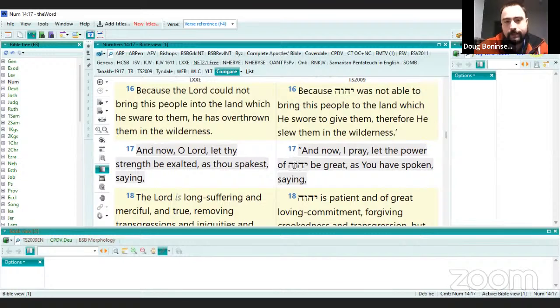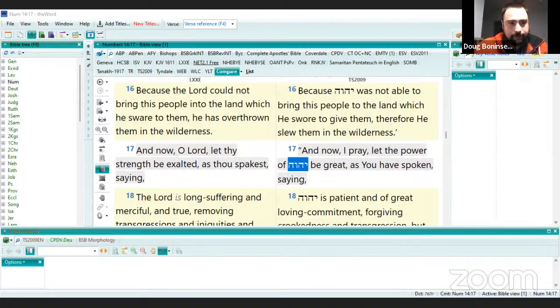So it seems like the ISR translators might have actually sided with the LXX here, because if you look at the actual Hebrew, I don't think the H3068 is actually there, if I'm not mistaken. So this is where I do like certain restored name translators at least consulting with the Septuagint at the minimum, in my opinion.